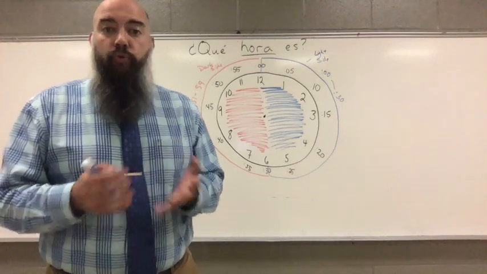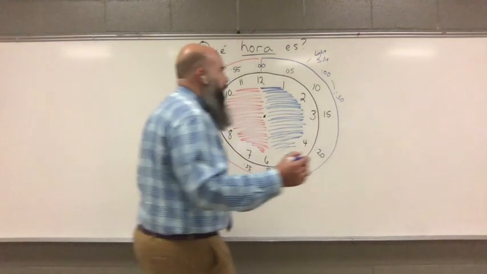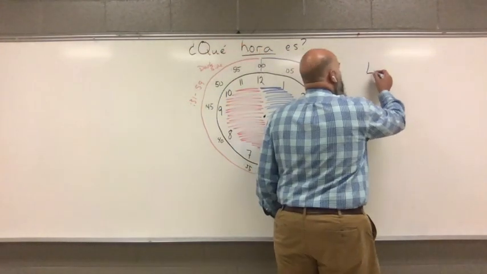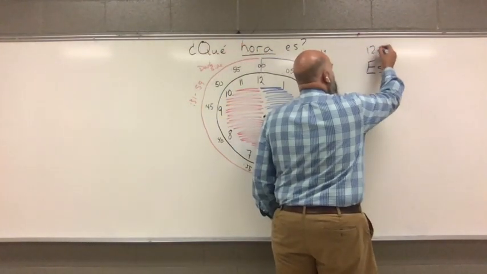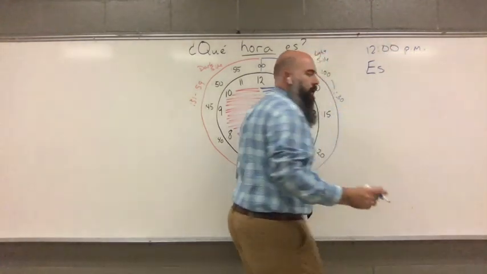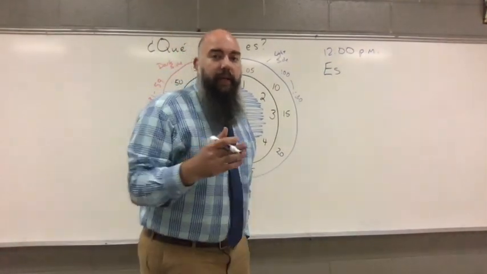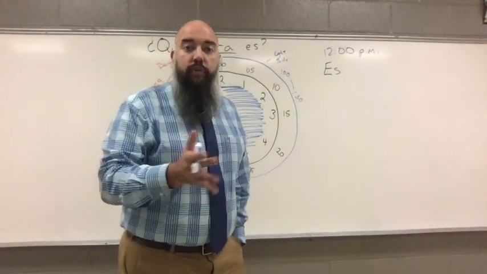Midday would be noon. That's what we call noon. In Spanish, if we wanted to say it is noon, we don't need de la tarde, we don't need de la noche, we don't need de la mañana, because noon is noon.